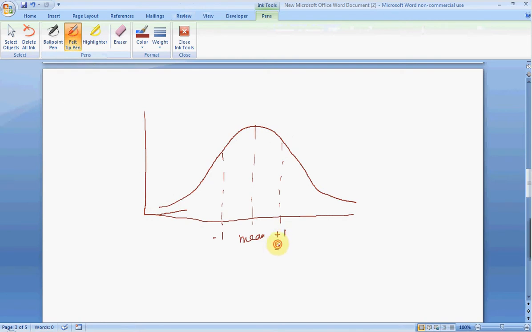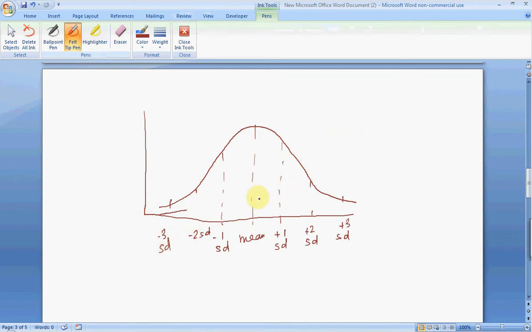This is plus 1 standard deviation, minus 1 standard deviation, plus 2 standard deviation, plus 3 standard deviation, minus 2 standard deviation, and minus 3 standard deviation.